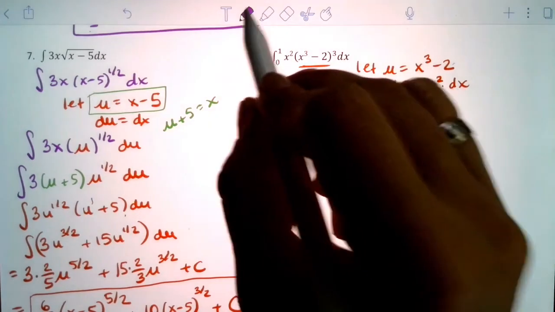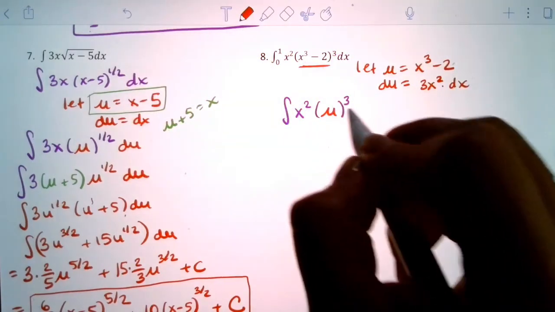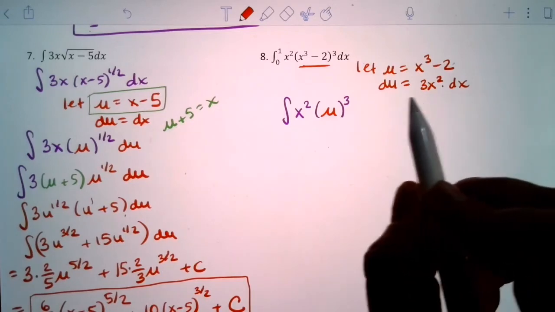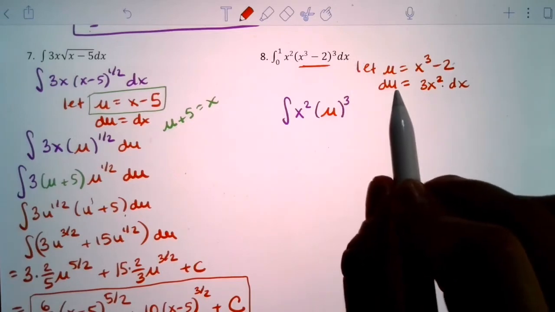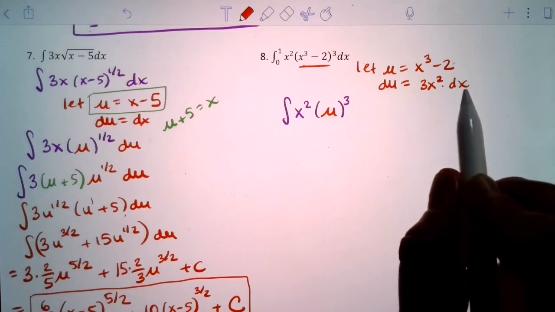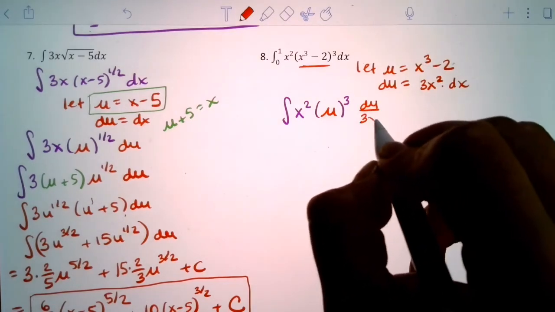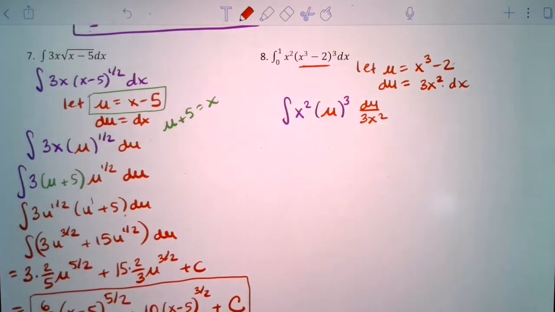I'm going to make sure that I put that U in there. So you're toning it down. That x cubed minus 2 is now represented with u. And also over here, I'm going to replace what dx is. So if du is 3x squared times dx, that means dx is du divided by 3x squared. And you need to take a step back before you do anything else and say, did I successfully convert this integral from x's completely over to u?